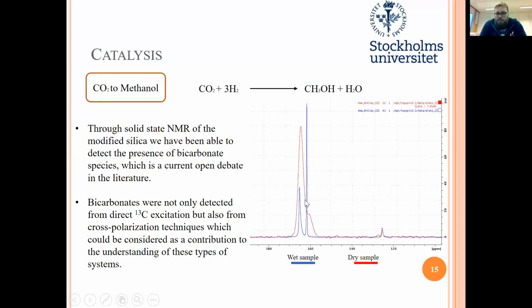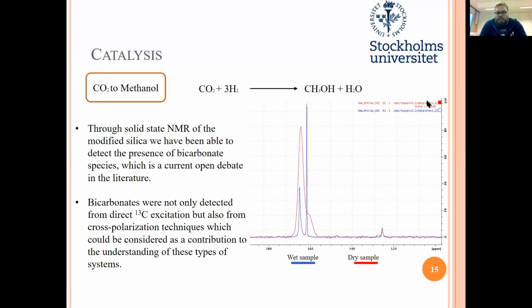The red one is a dry sample, so it's been handled in a glove box and sealed so it would not have any contact with air or any water. But we can see that there's, well, I'll explain that later. And the blue one is a wet sample, so we handled these materials within a water atmosphere.